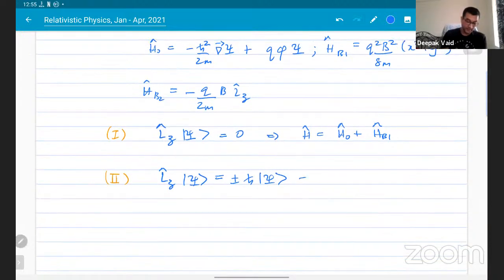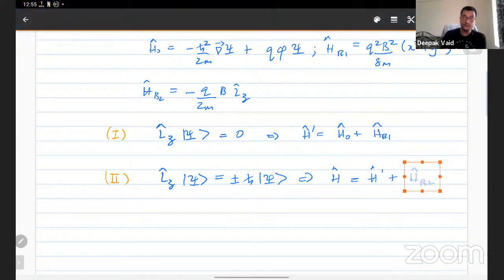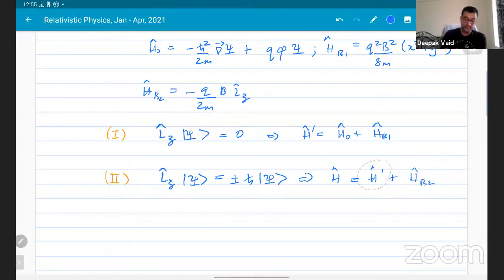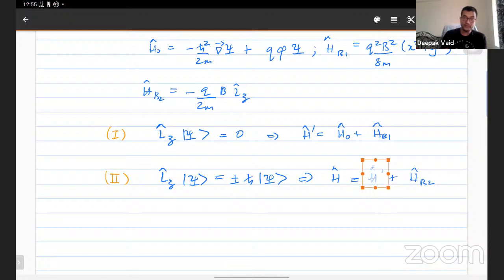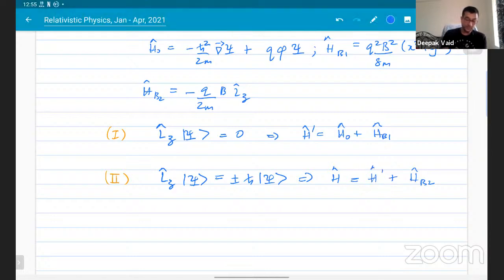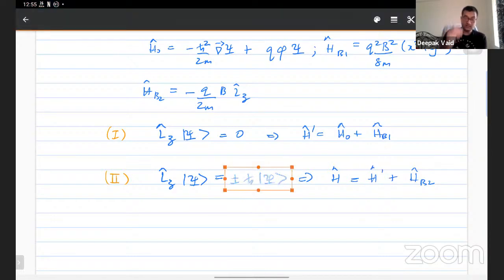And what happens is that now your Hamiltonian can be written as this H prime plus H P2, right? And now this will give you whatever is the energy eigenvalue of H prime plus a state.